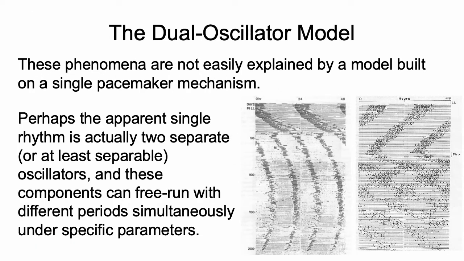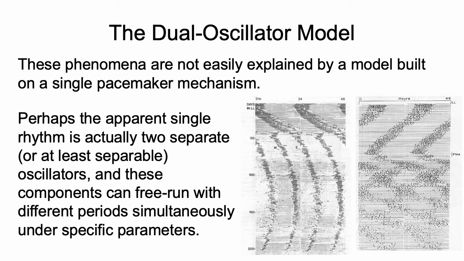And so these phenomena that I've shown you, the alpha compression, the splitting, and the aftereffects, are not easily explained by a model that's built on just a single pacemaker mechanism, right? Especially the splitting here.